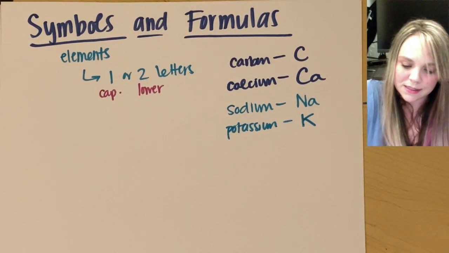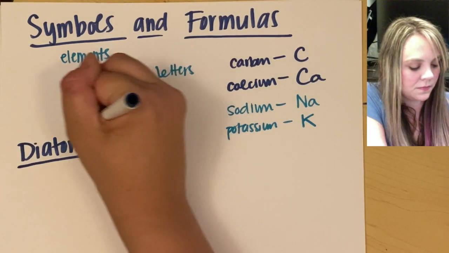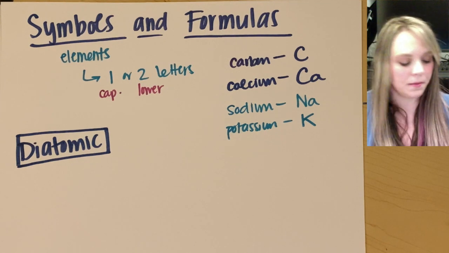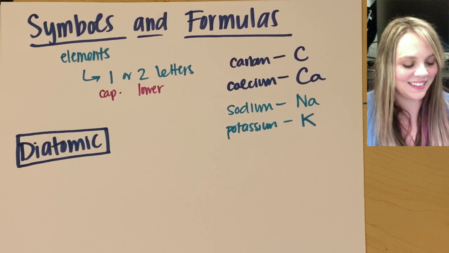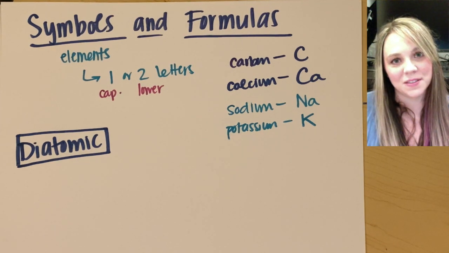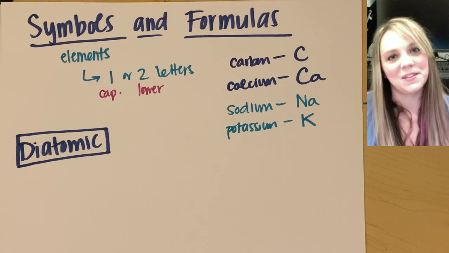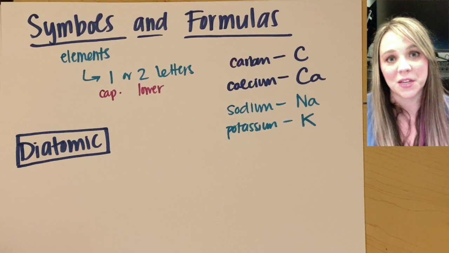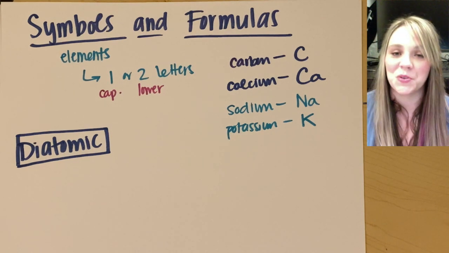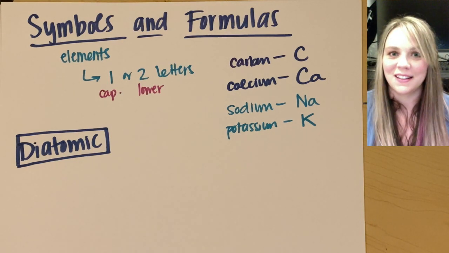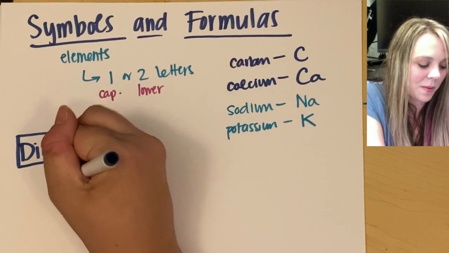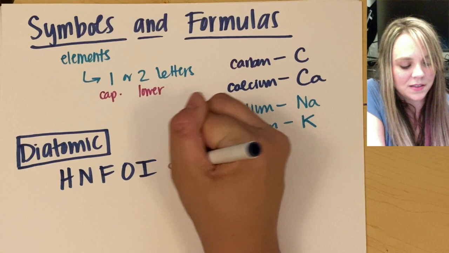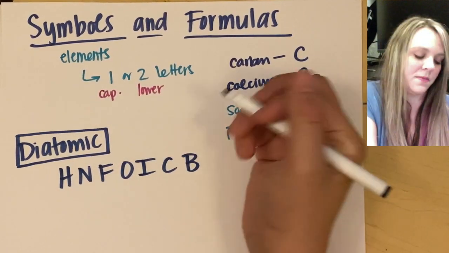There are diatomics, all right? So there are diatomic elements. There are 7 of them. And the way that I was taught to remember them was: Have No Fear Of Ice Cold Beer, okay? You can come up with your own way to remember it, but that is how I remembered it. Have no fear of ice cold beer.